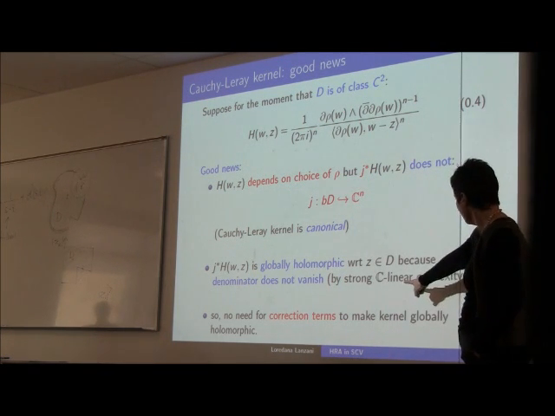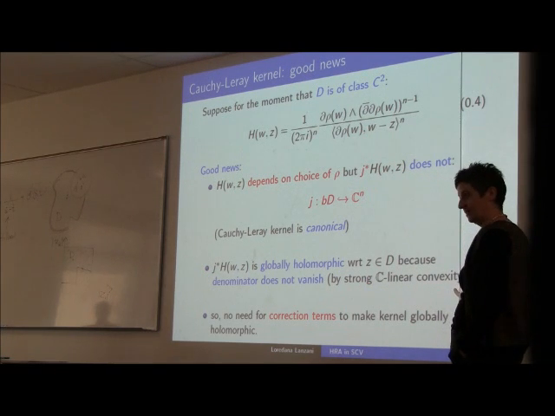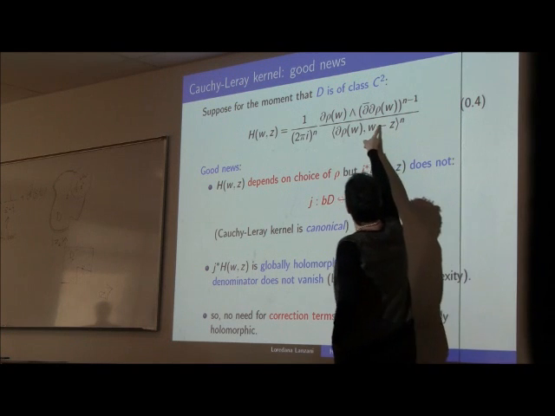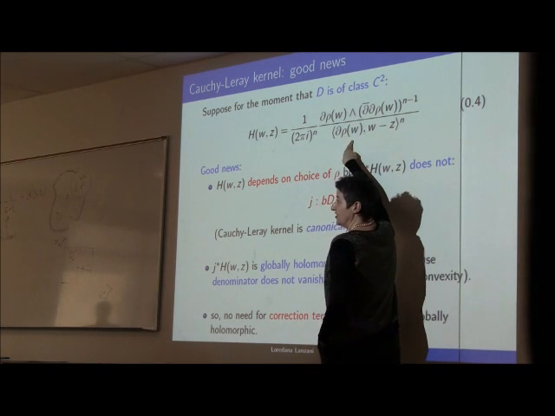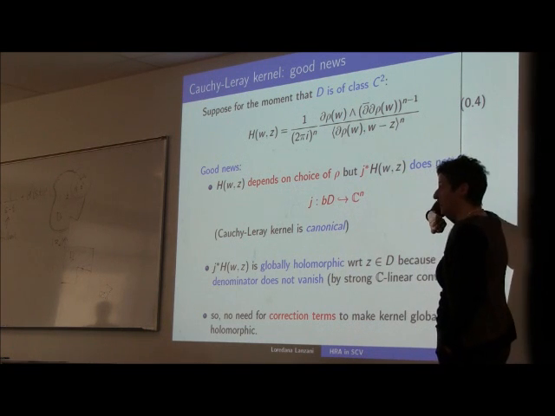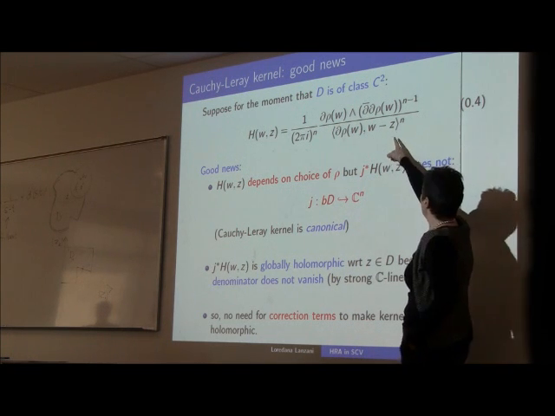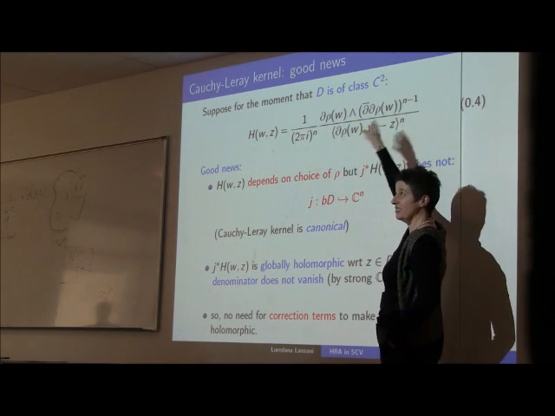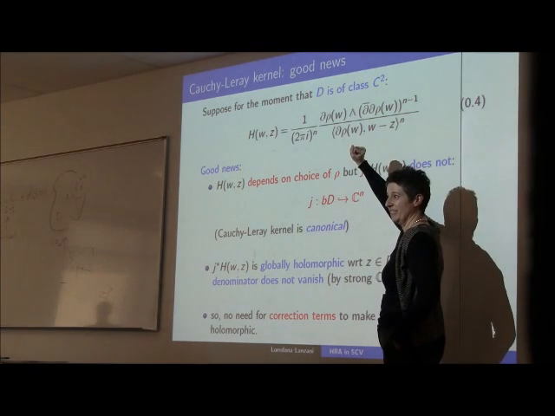Also, the fact that the domain is strongly linearly convex translates analytically into saying that the denominator here doesn't vanish. So it's a well-defined kernel. Not only that, if you look at it as a function of z for fixed w, you see that the numerator doesn't depend on z.